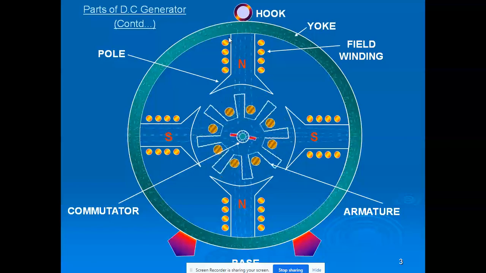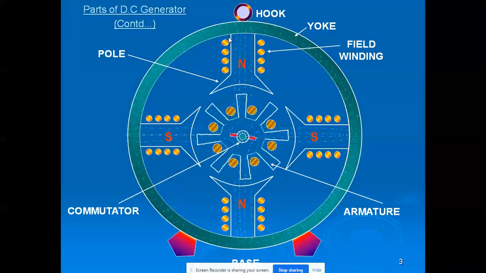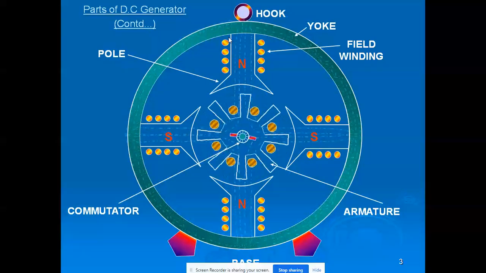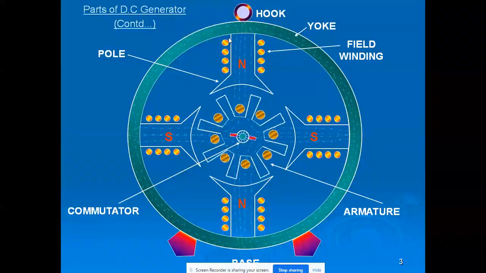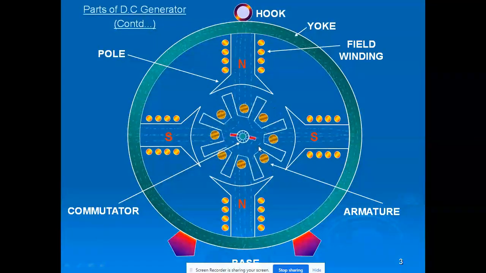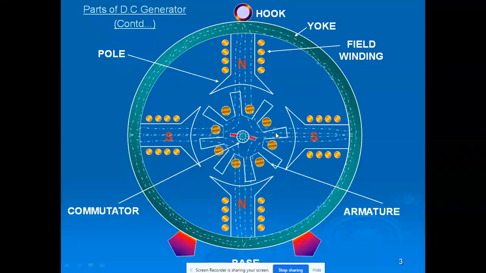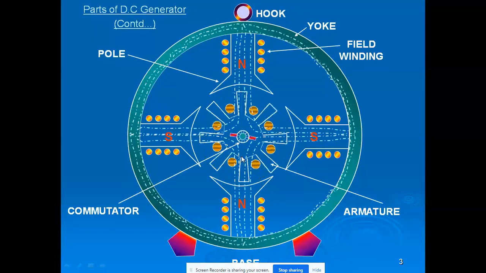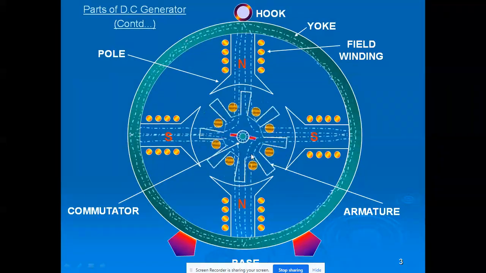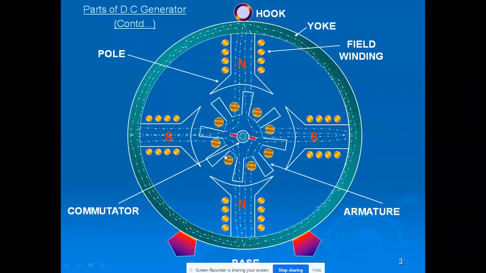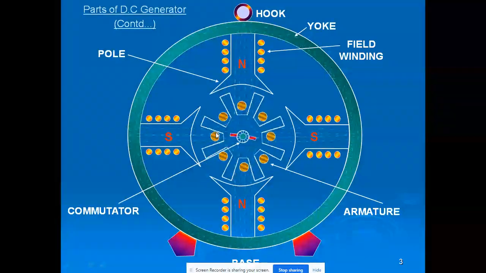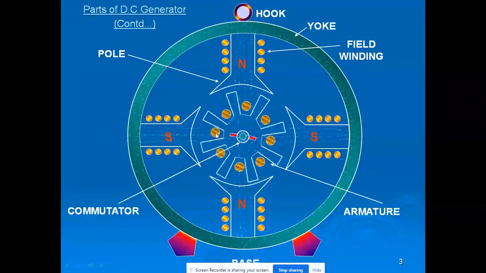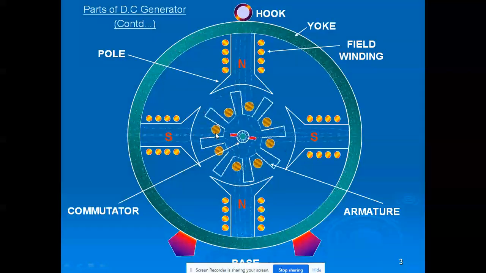Now the armature is rotating. When the armature is rotating, the conductors placed in the armature start rotating. While rotating, these armature conductors cut the magnetic flux and an EMF will be induced.